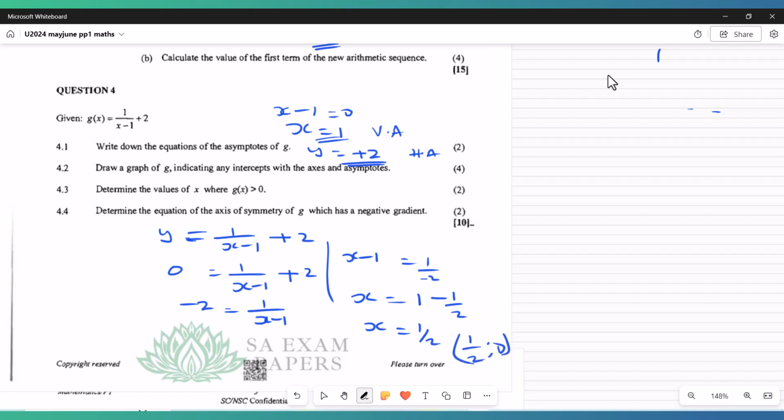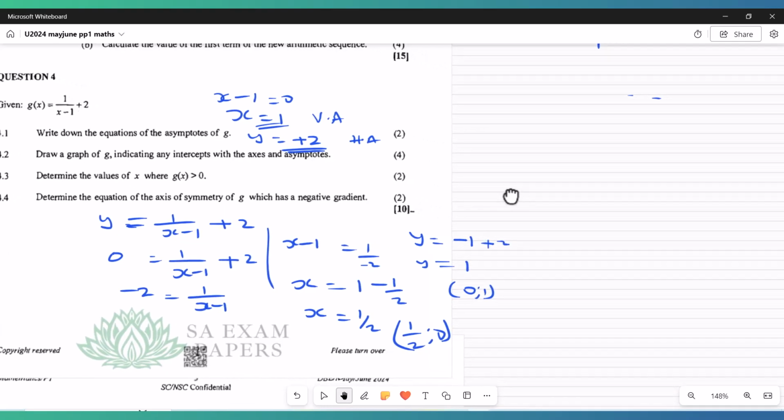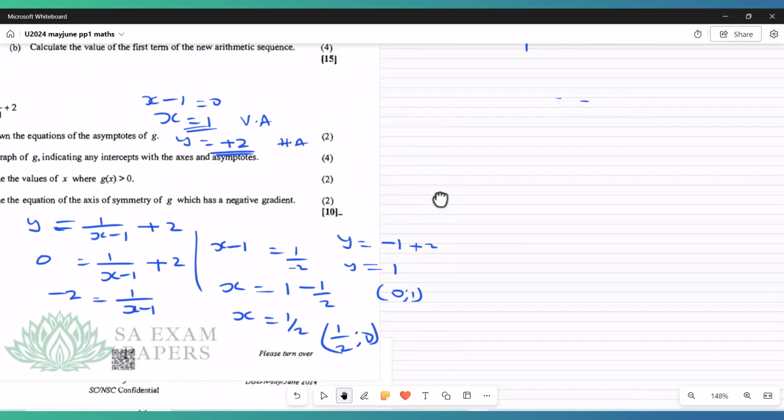Then my other value: when x is 0, what's y? y equals 1 over negative 1, plus 2, which gives me 1. So the coordinate is (0, 1). Now that I have the intercepts and the asymptotes, I can draw the graph here. So here we go. It said draw the graph. That is 4.2.